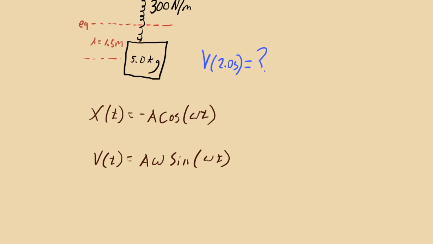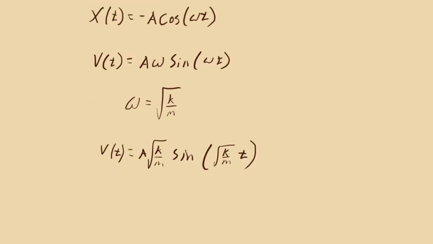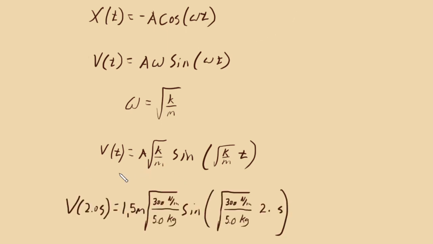So if we substitute the relationship that we found, that our angular frequency is the square root of k over m, and we know what our mass is and we know what k is, we'll end up with our velocity with respect to time looking like this. We know our amplitude, k, and m, so we can just plug all these in.